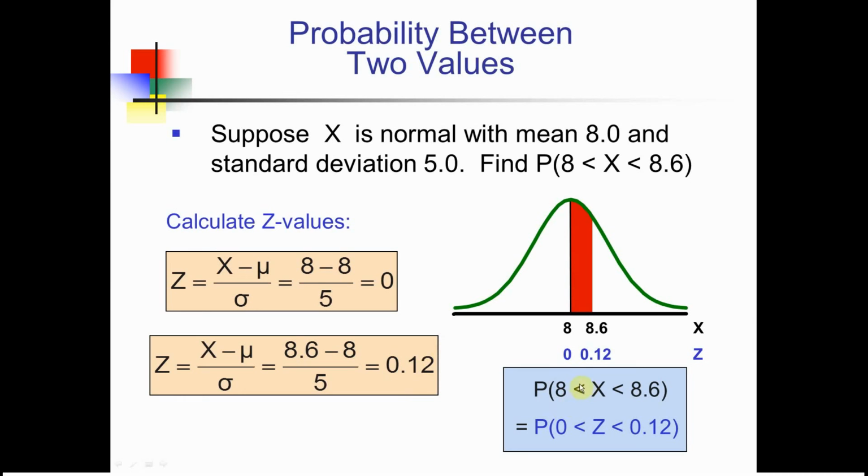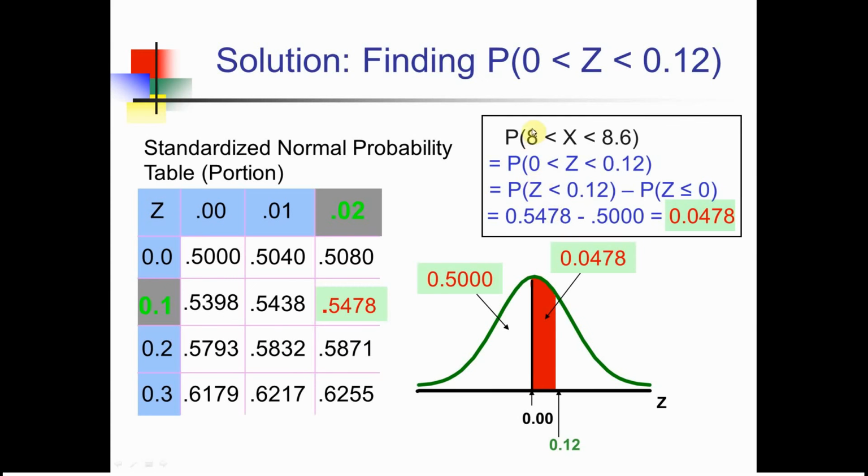Now we want the probability that x, with this mean and that standard deviation, is between 8 and 8.6, which is the same thing as looking at where z is between 0 and 0.12. We just translated it. Looking at a sketch here, you can see here's 8 and 8.6. We want this little slice here. So what we do is we convert this to two probabilities. The probability that z is between 0 and 0.12 is the same thing as the bigger side, where z is less than 0.12, minus the smaller side, where z is less than 0.